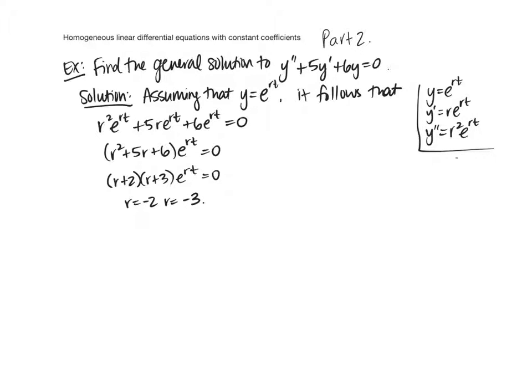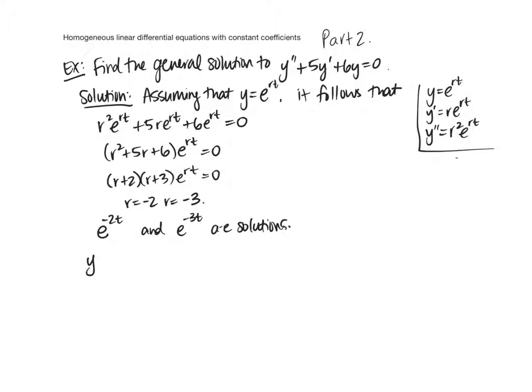So that means that we have solutions of the form e to the -2t and e to the -3t. And in fact, we'll find out that these two solutions are linearly independent. And so really any solution will be some linear combination of these two.